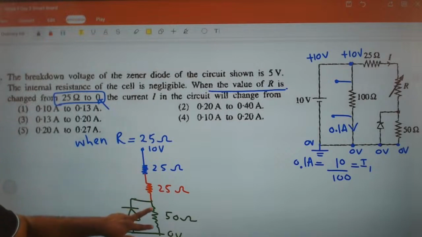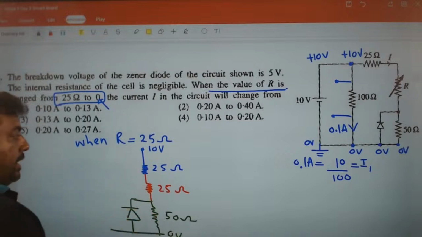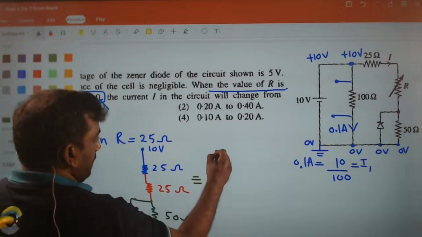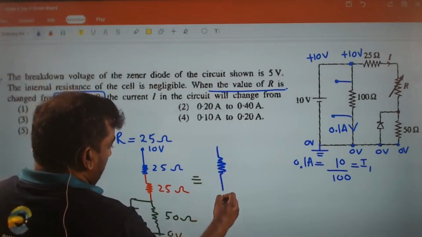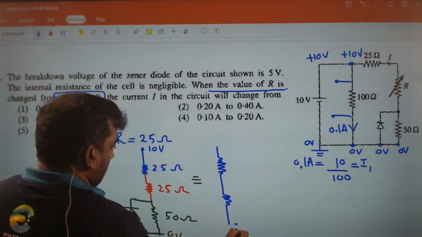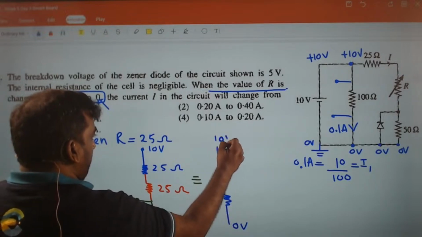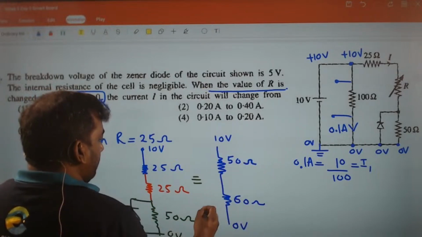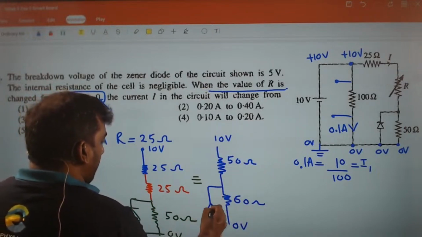So here 50, here 50. What can you say? 0 volt here, 10 volt there. 50 ohm here, 50 ohm there. Here you have the diode.